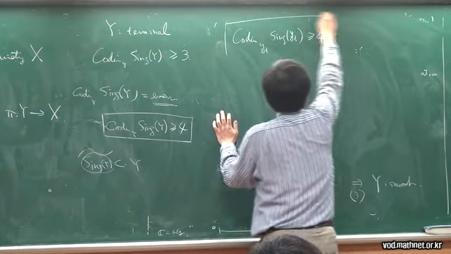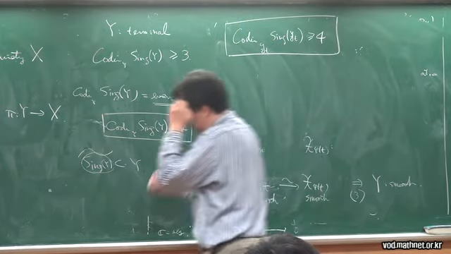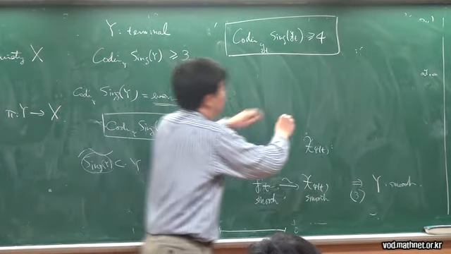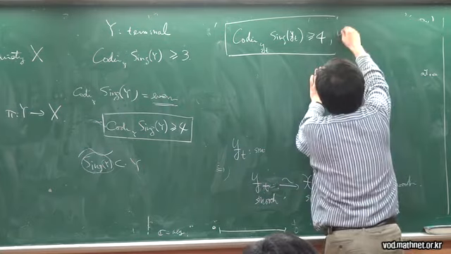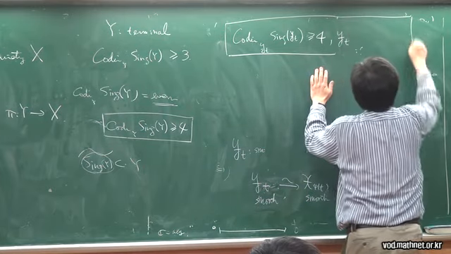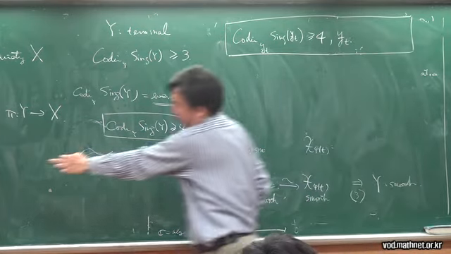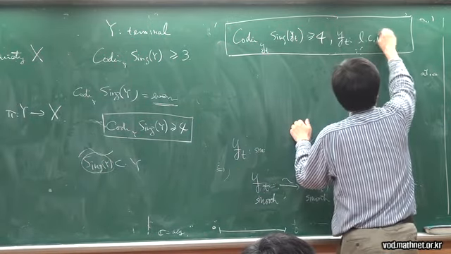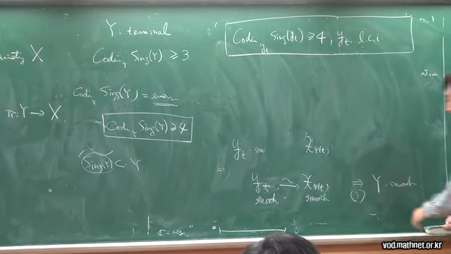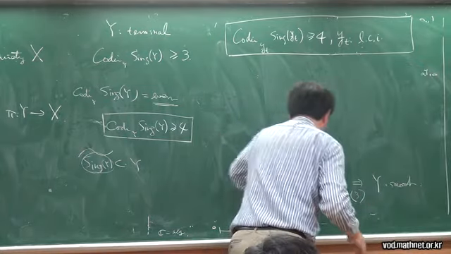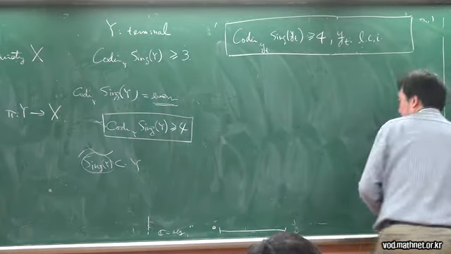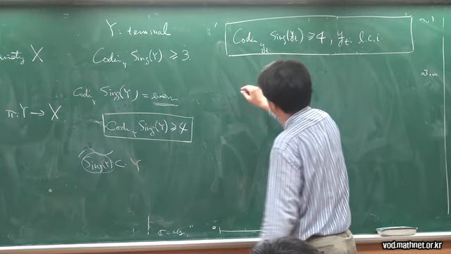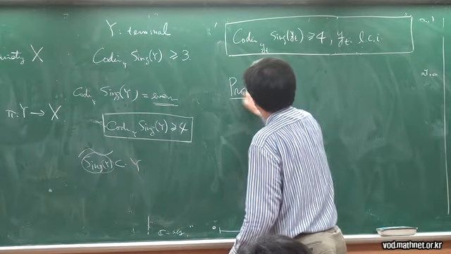So we have this. And Y_t is a locally complete intersection. We obtain this. But here we have the following result due to Namikawa, Proposition, due to Bobile.